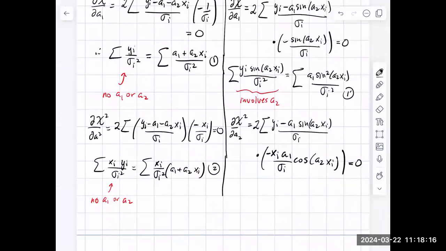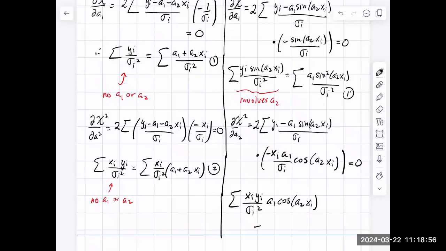Okay, let's see, did I get that right? I think so. Okay, if we do a rearrangement here, we would end up with, let's see, we're going to get xi yi over sigma I squared. And now we have a1 cos a2 xi, I think.